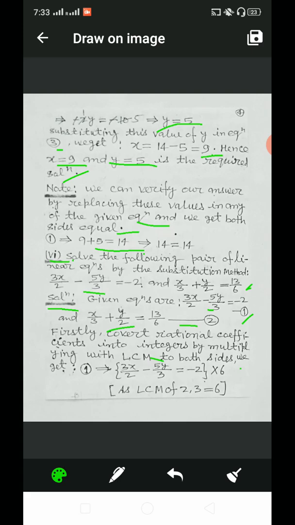So from first we have 3x by 2 minus 5y by 3 is equal to minus 2, means minus 2 by 1. So here the LCM of 2, 3 and 1, on right side the denominator is 1, that is equal to 6. So we multiply by 6 on both sides.